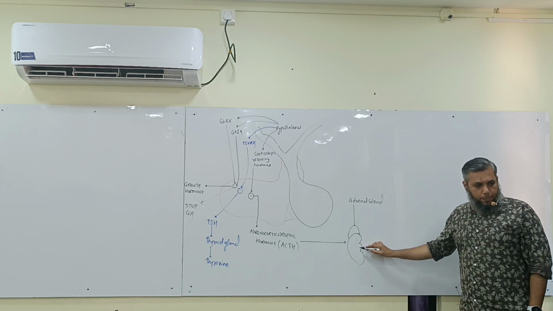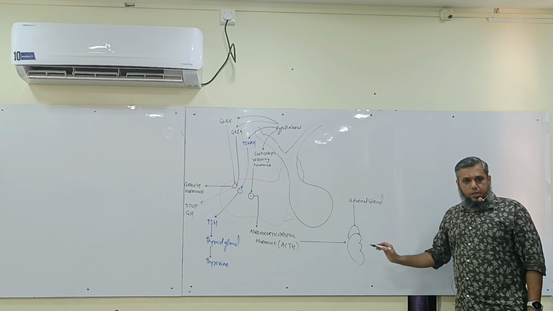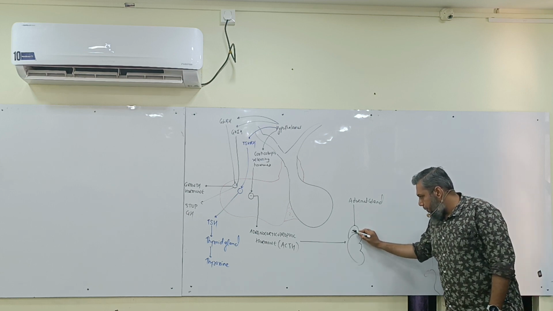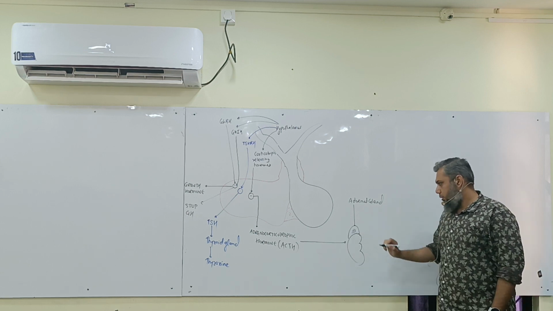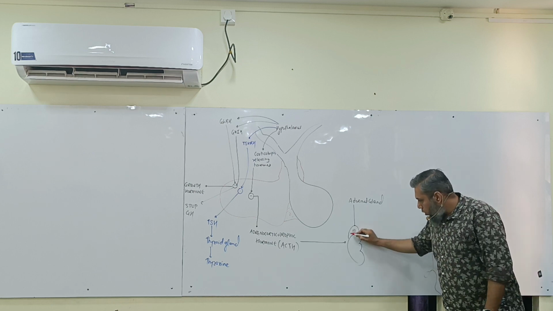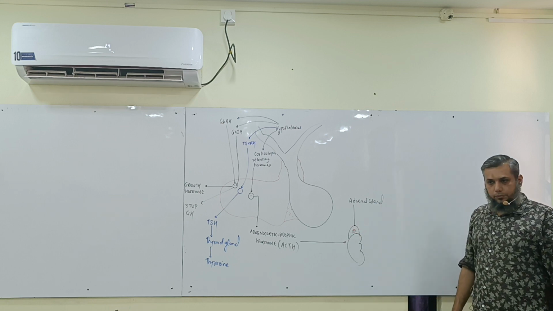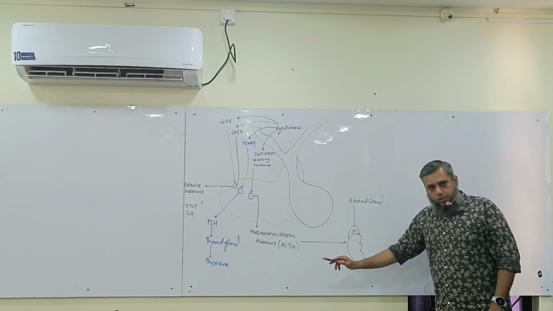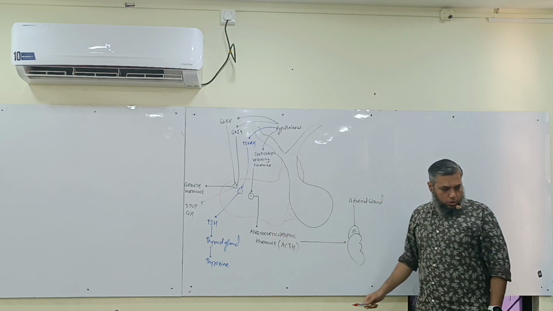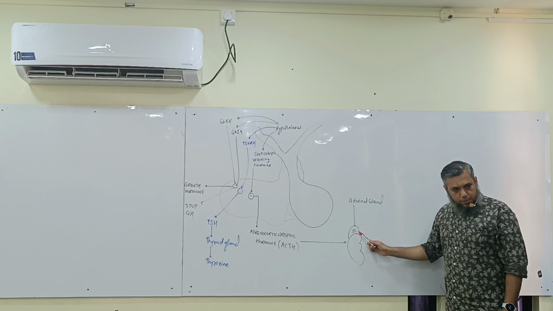ये किडनीज है, किडनीज के ऊपर जो ग्लैंड है उसका नाम है एड्रीनल ग्लैंड. इस एड्रीनल ग्लैंड के पास 2 पार्ट्स हैं. ये अंदर वाले पार्ट को बोलते हैं मेड्यूला, और बाहर वाले पार्ट को बोलते हैं एड्रीनल कॉर्टेक्स. So ACTH is adrenocorticotropic hormone. It is acting on the adrenal gland का cortex.